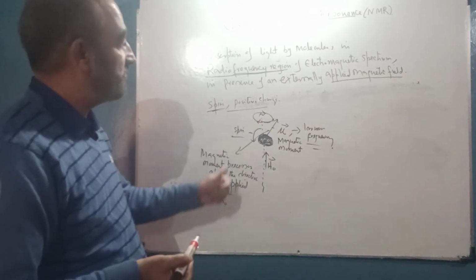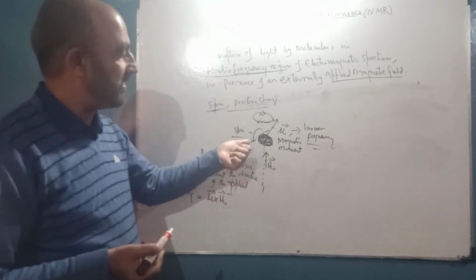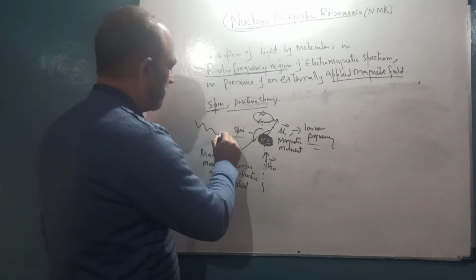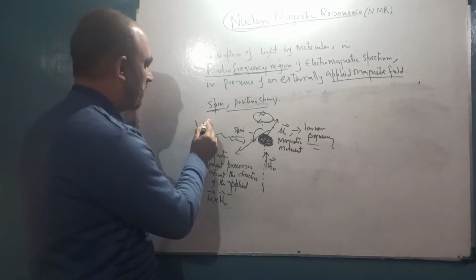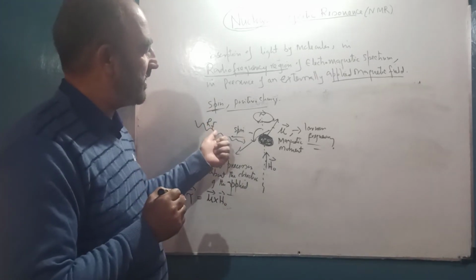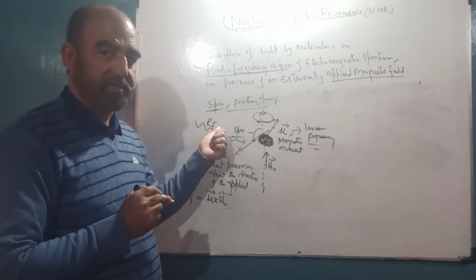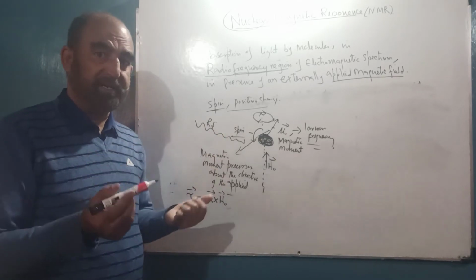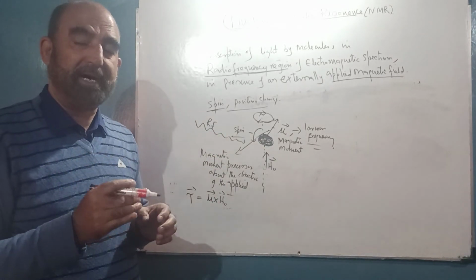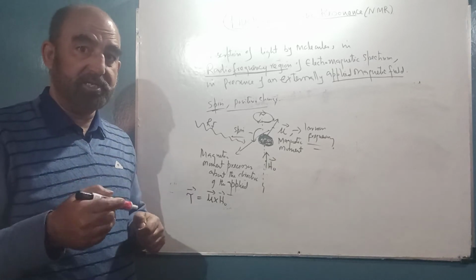Now the second thing is when we use the radio frequency. So what will happen? We will use a radio frequency, electromagnetic radiation in the RF region. What is electromagnetic radiation? We know electromagnetic radiation is nothing but oscillating electric and magnetic fields.